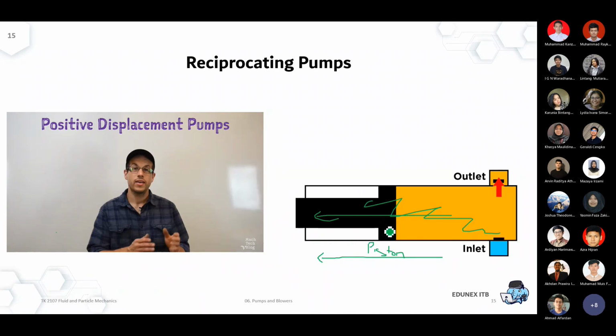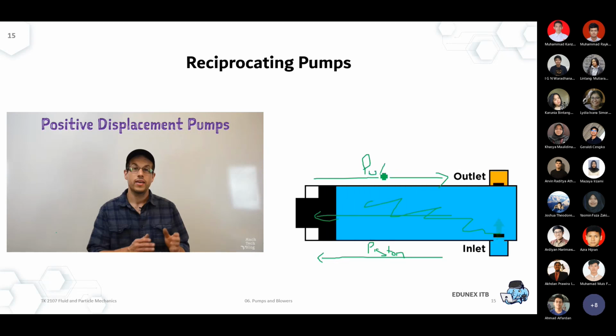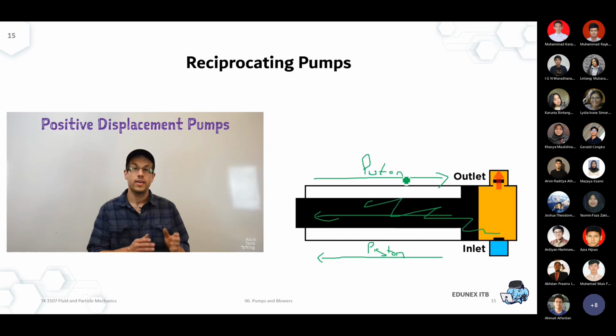Water is being sucked into the chamber of the piston, and then after the chamber is filled with water, now it moves the different way. When the piston moves in a different way, now it will push the water outside of the pump.